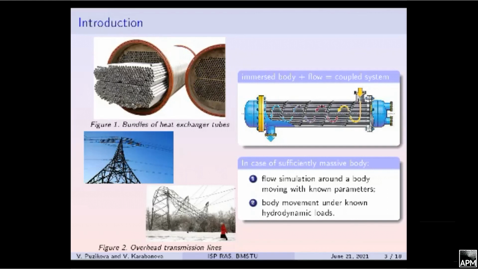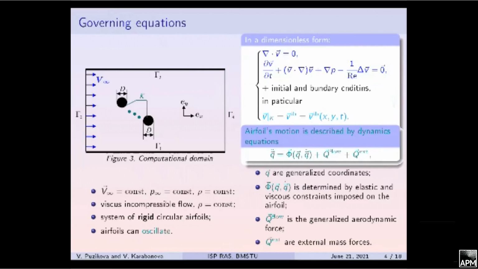In case of sufficiently massive body, this problem can be solved using step-by-step numerical algorithm. Firstly, simulating flow around a body, moving with known parameters, and then computing dynamics of the body with known hydrodynamic loads.